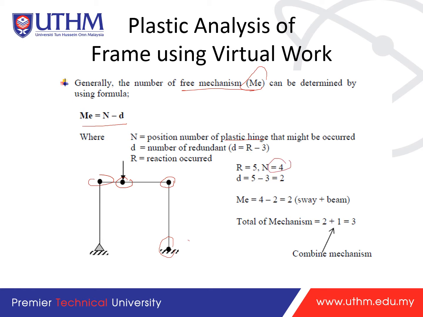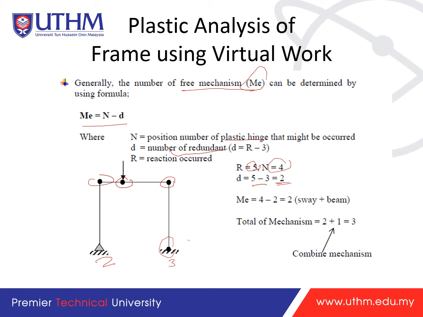And then D is the number of redundants, which is equal to R minus 3. For this case, we have 3 reactions at the fixed support and 2 at the pin support, which is a total of 5. So 5 minus 3 is 2, so the total redundant is 2.